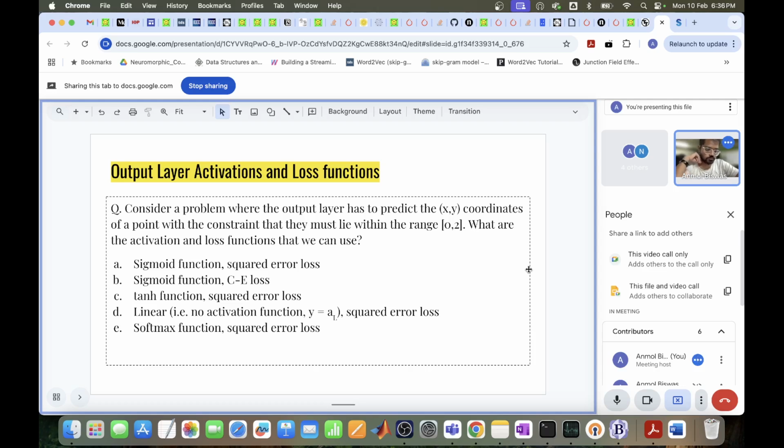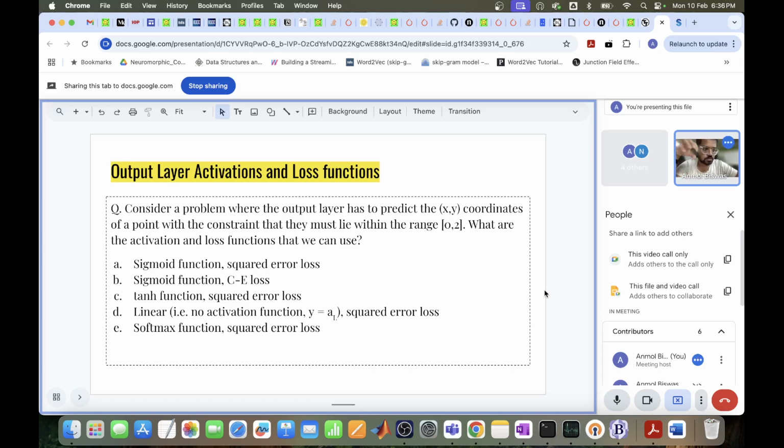The only thing left to determine is what the activation function should be, right? And generally for this kind of regression problem, the activation function would be a linear function, right? But linear as in to say that there should be no activation function at all.